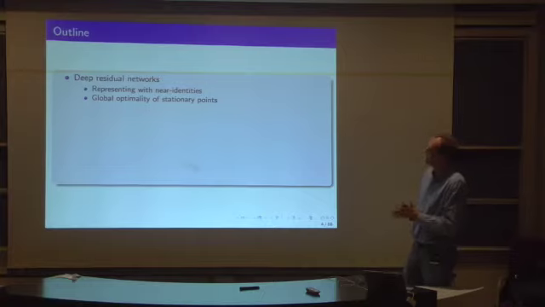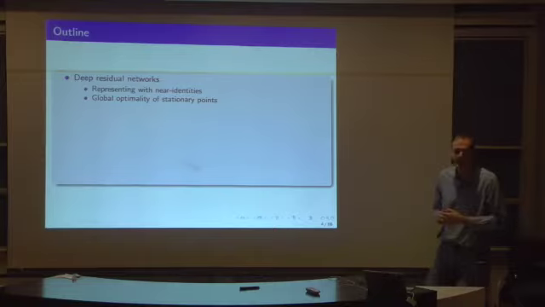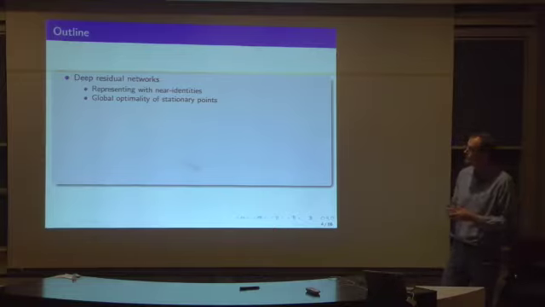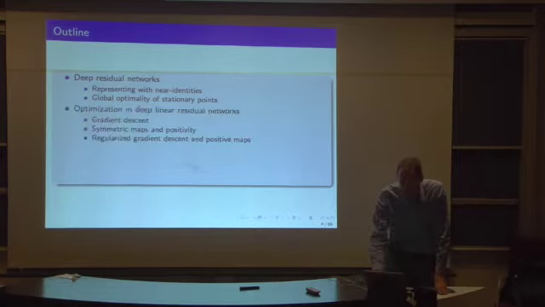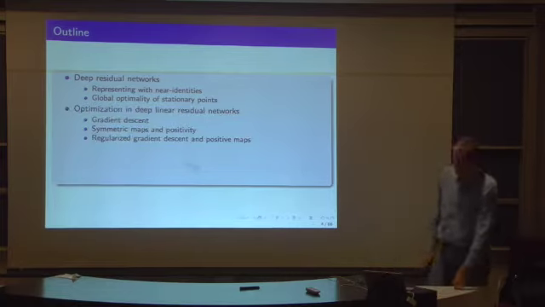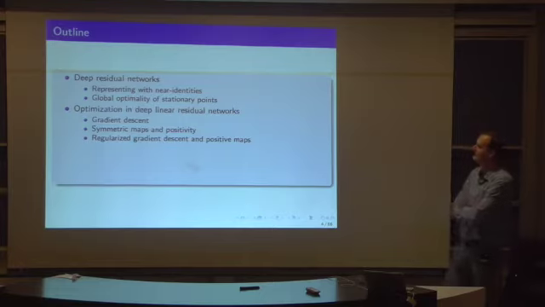The first is looking at some representational properties of a family of deep networks called deep residual networks that have become very popular in computer vision problems. So we'll look at some properties of these classes of functions. That suggests a particular style of regularization that should be useful for optimization.